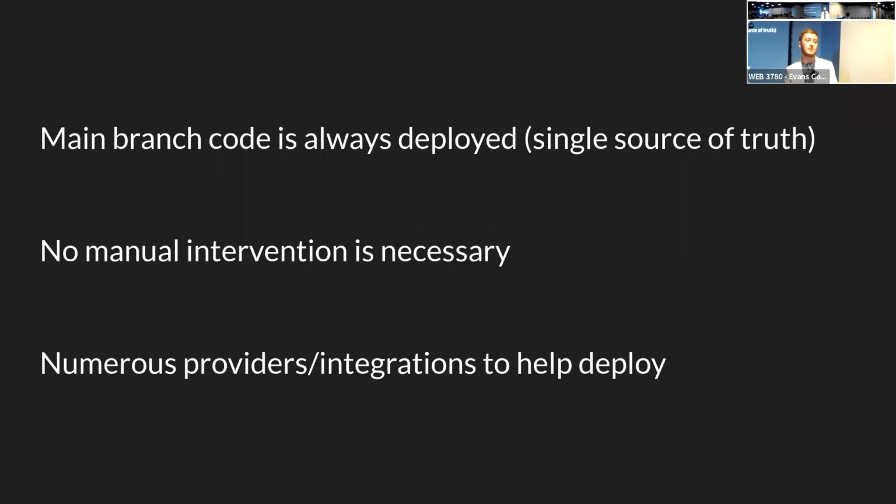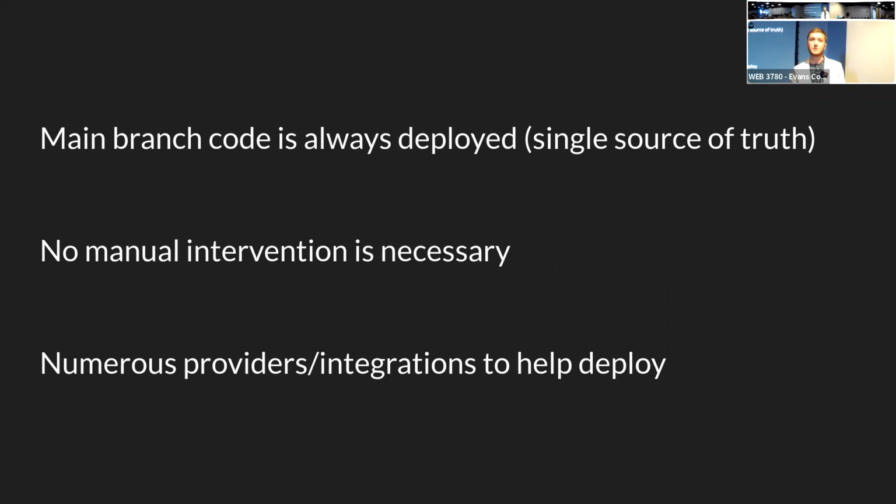Continuous deployment. A principle of continuous deployment is that your main branch for your repo is always your source of truth. For example, the main branch on GitHub would be this at the moment. The idea is that with continuous deployment, no manual intervention is necessary. So you don't have to SSH into a server and type deploy or whatever your script might be.